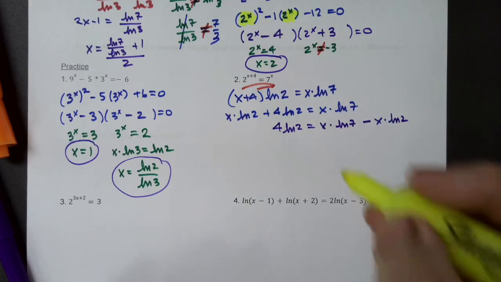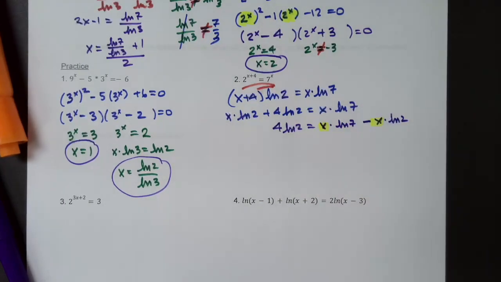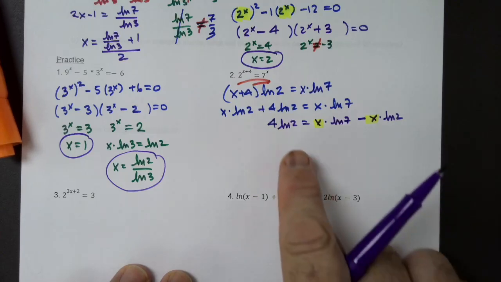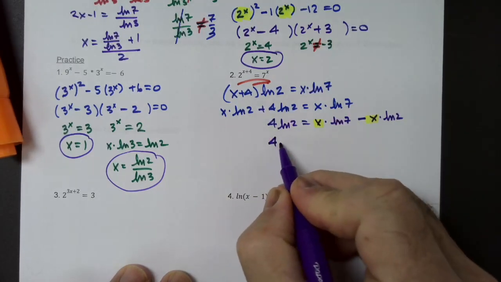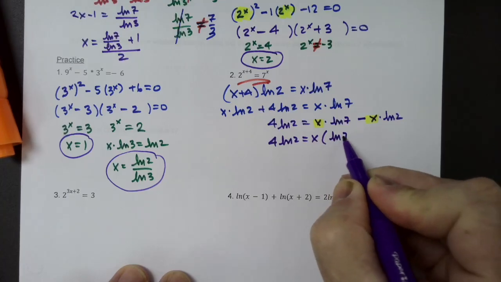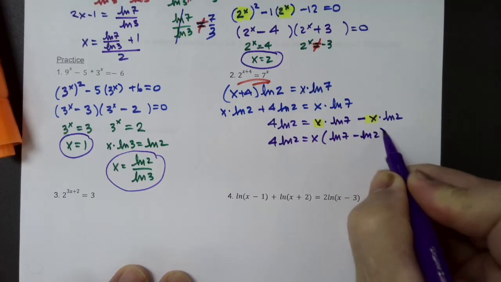We can factor out the x's on this side, and this will be 4 times the natural log of 2 equals x times the quantity of the natural log of 7 minus the natural log of 2.